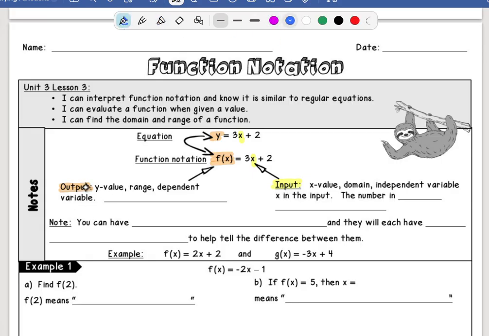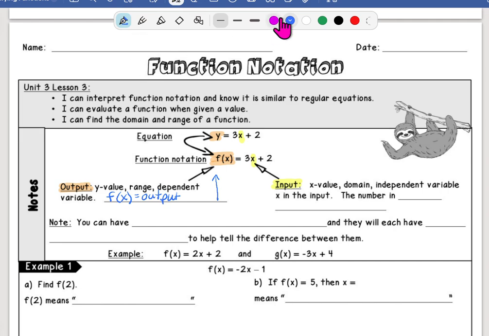Our output is also known as our y value, our range, or dependent variable. The f of x is just our output. Remember, if we were talking about a graph, it's what's going on the y-axis. It's the up and down part, right? That's our output.